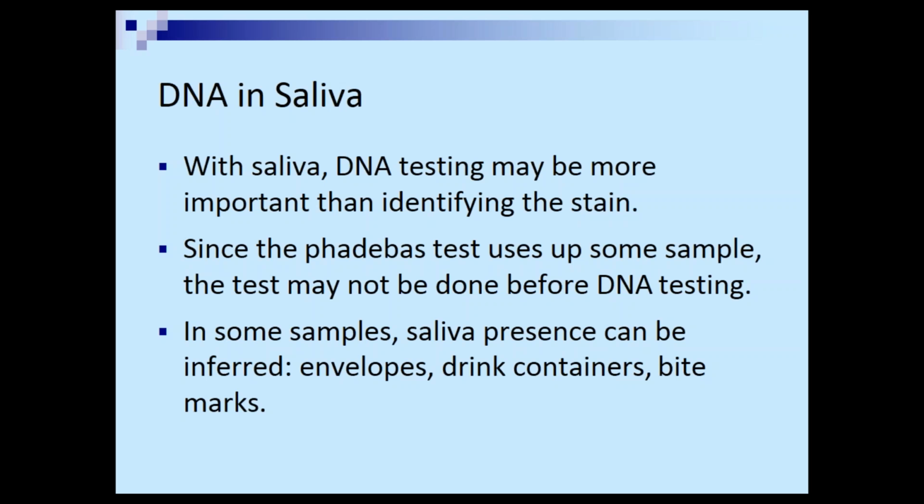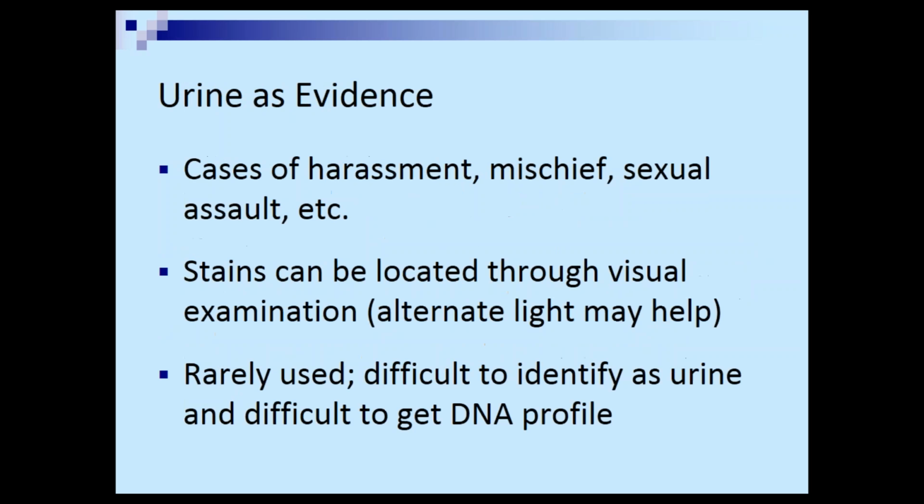That might be one reason, or if you're trying to locate a saliva area. Other than that, if it's a swab of a cup or a bottle or the mouthpiece of a cell phone, you're just going to swab it and go straight to DNA, not really bother with saliva. Those are the main things that we do DNA testing for, and the main things that will come through a serology lab for testing.